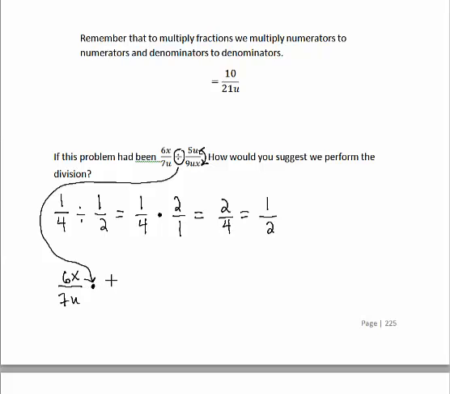Once we switch to multiplication, we have to flip the second fraction. Now, since we're multiplying fractions, we can just combine the top together. We could write a 6x times a 9ux over a big fraction bar, and then a 7u times a 5u on the bottom.